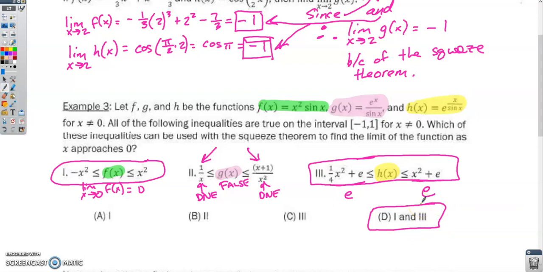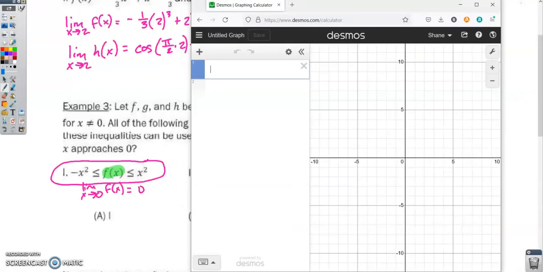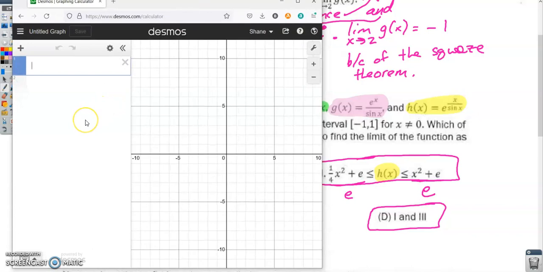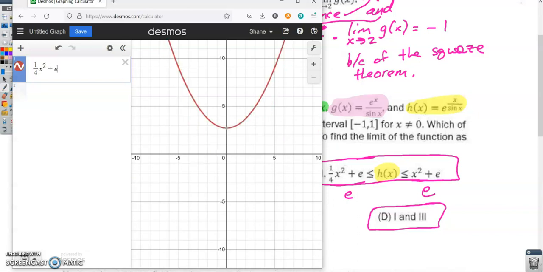All right. I'm going to show you that really quickly. I'm going to use my graphing calculator here, Desmos, to show us what's going on there in this last one. We've got 1/4 x squared plus e as one graph.